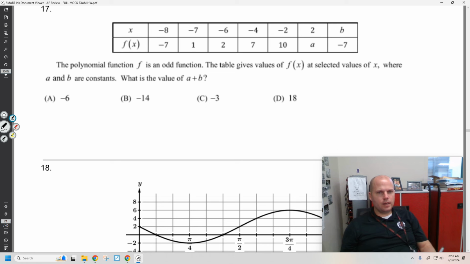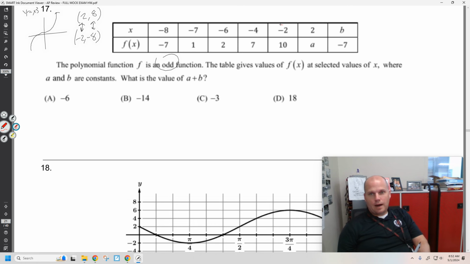F is odd. What does it mean to be odd? Similar to an odd function, an odd polynomial, y equals x cubed. You have the point 2, 8. You have the point -2, -8. Opposite x's produce opposite y's. Let's see if they have any data kind of with that. No, they're trying to have you figure it out.